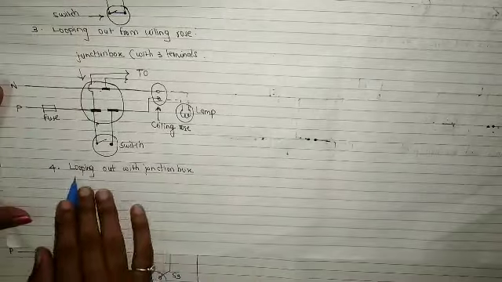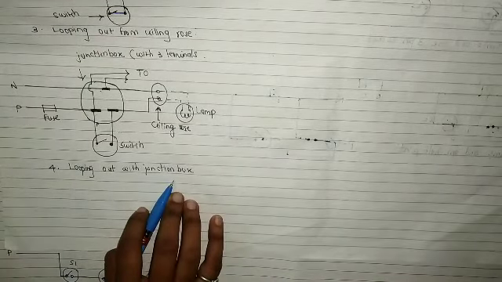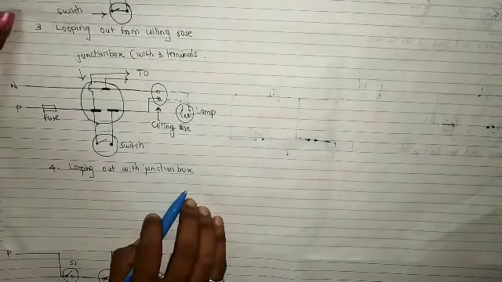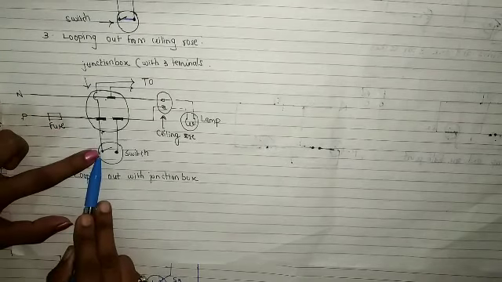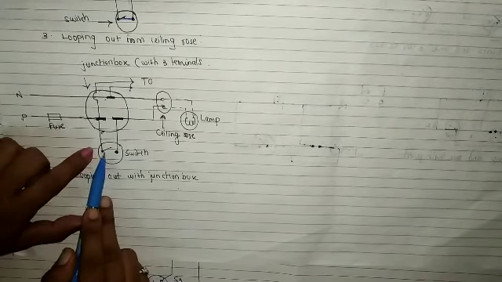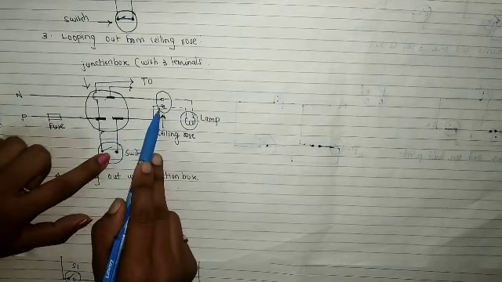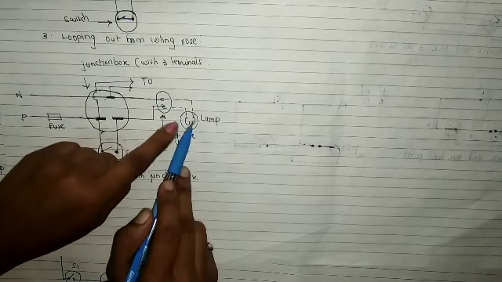Now we'll see looping out from the junction box. Okay. So you can see here it has terminals, in a similar way as this looping out from ceiling rose. Okay, this is the phase coming. So it will go to the switch first. Then whenever this switch is on, current will flow from here, then to the ceiling rose, and then to the lamp.